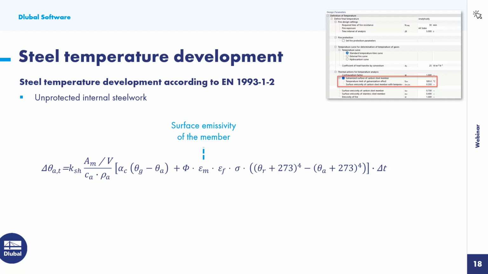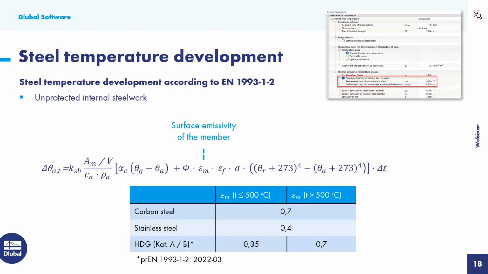As part of a research project at the Technical University of Munich, it was discovered that galvanized steel has a significantly lower emissivity than non-galvanized steel. We can leverage this effect at least up to a member temperature of 500 degrees Celsius, and only for shiny zinc coatings that we get for hot dipped galvanizing, category A and B steels.